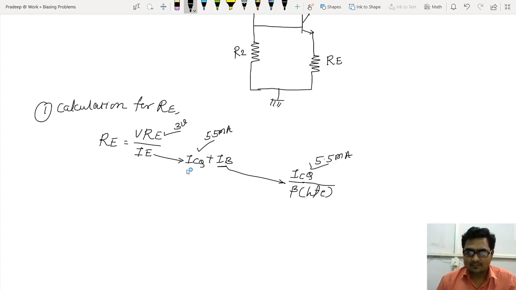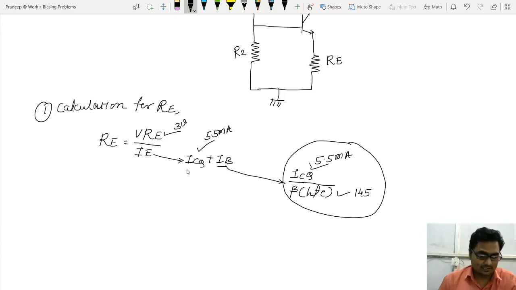Beta, that is HFE, is also given, it is 145. Now 5.5 milliamperes divided by 145. Now it comes to be 37.9 microamperes, micro being 10 raised to minus 6.